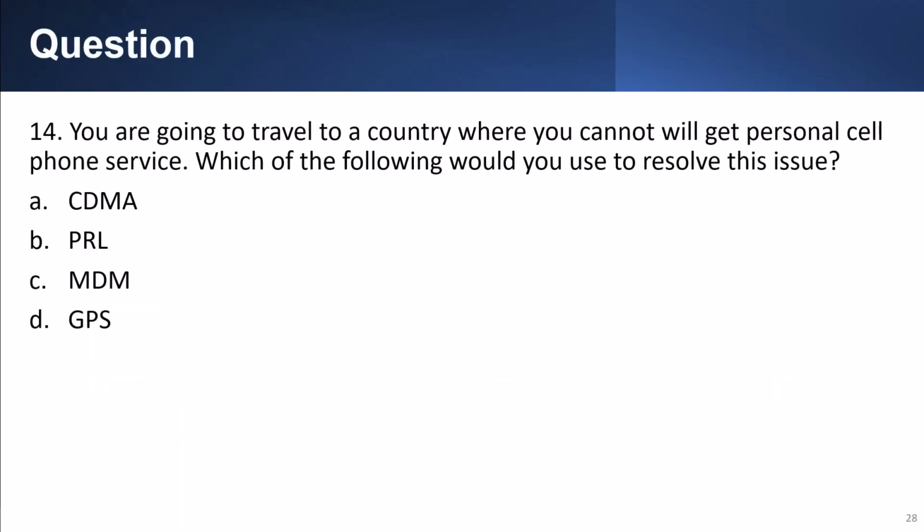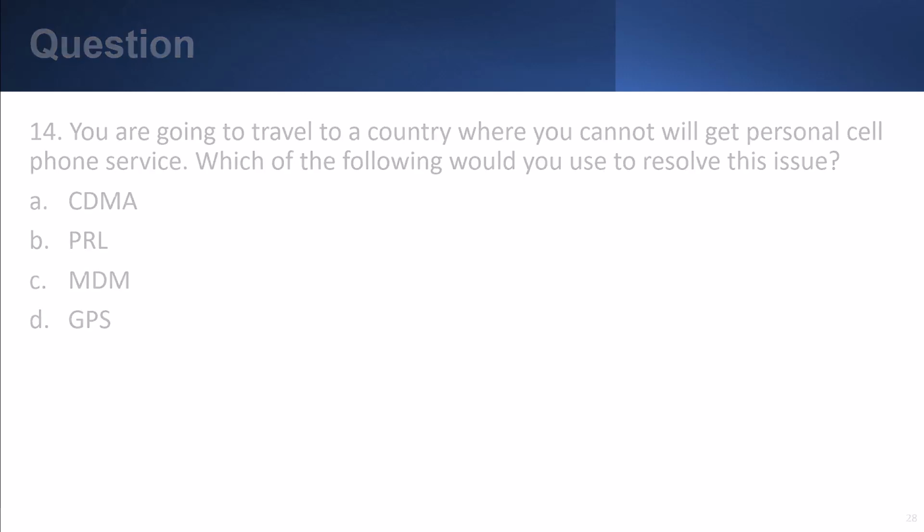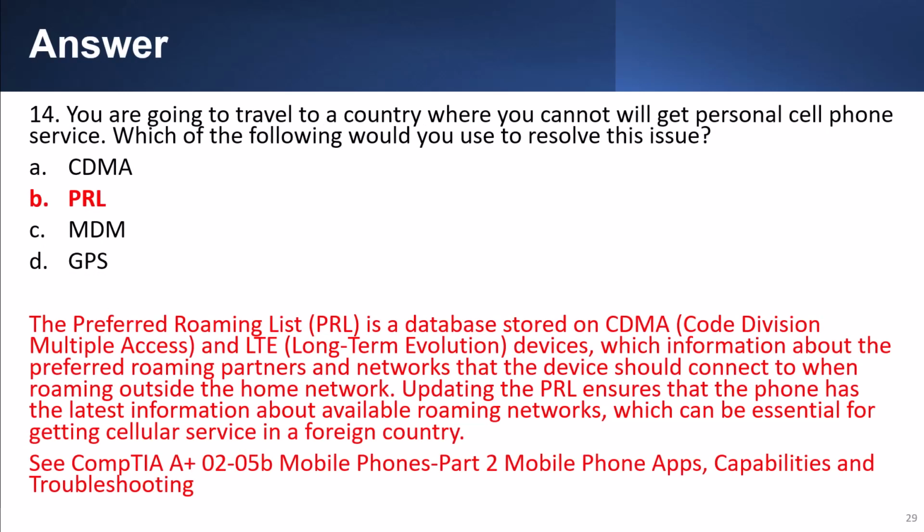Question 14. You're going to travel to a country where you cannot get personal cell phone service. Which of the following would you use to resolve this issue? Answer: PRL.